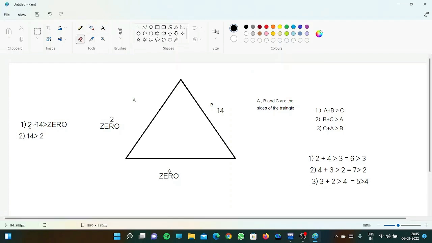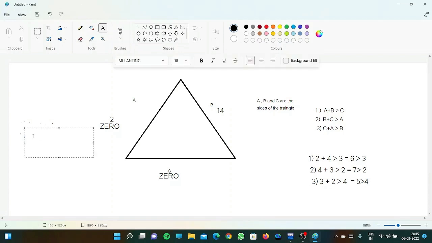So just erase all of this. Sorry, it's taking time. Yeah. So our A is 0, our B is 14, and still it is greater than.